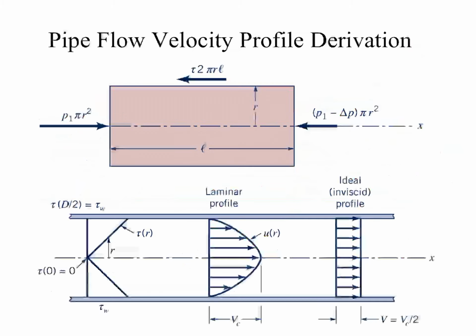Okay, so let's take a quick look at deriving this, and we're going to start from our fluid element on the previous slide. Here we have our axis. Again, this is the radial direction, r, moving away from the axis, and we'll call the total distance from the center to the outer wall big R. Here we're looking at the forces acting on it.